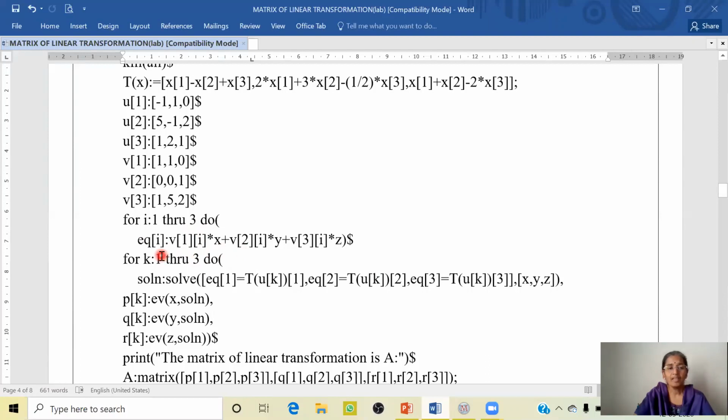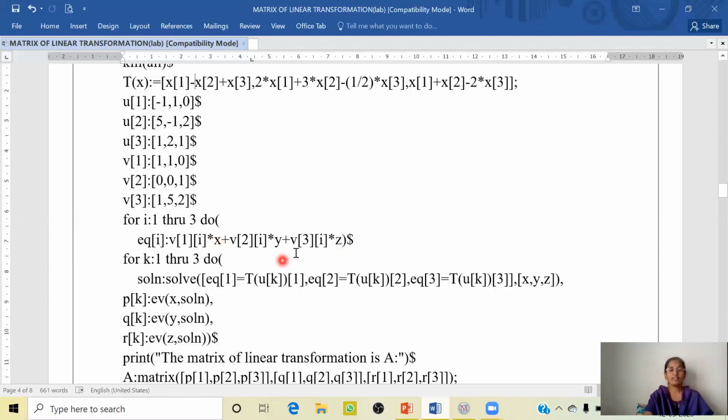In the manual part, we had the equations with A1, A2, A3, B1, B2, B3 and C1, C2, C3. So EQ of I, this is the user variable, and we are taking that as V1 of I into X, where X is a constant to be determined, plus V2 of I star Y, once again Y is a constant to be determined, plus V3 of I star Z, once again Z is a constant to be determined.